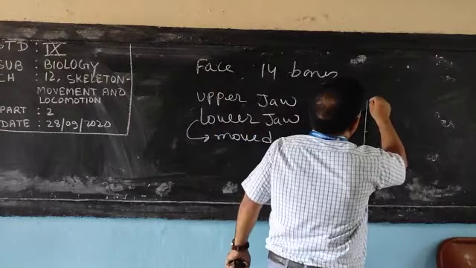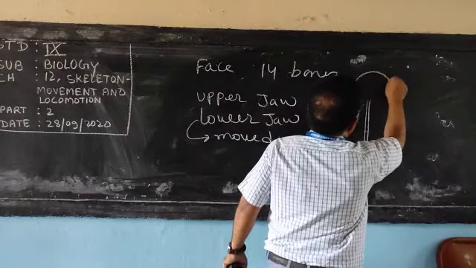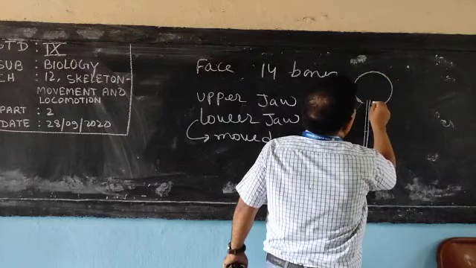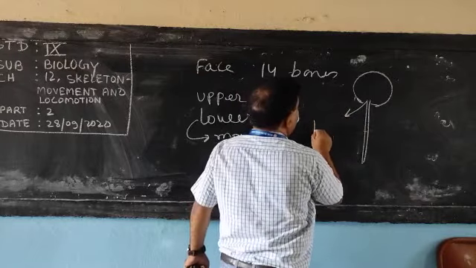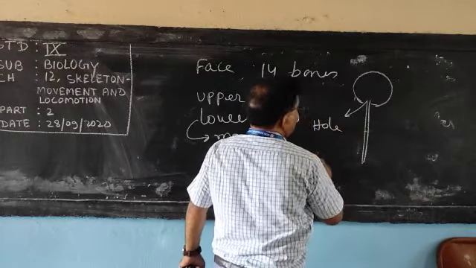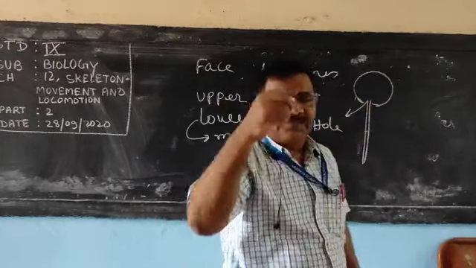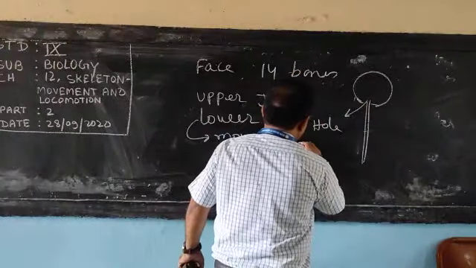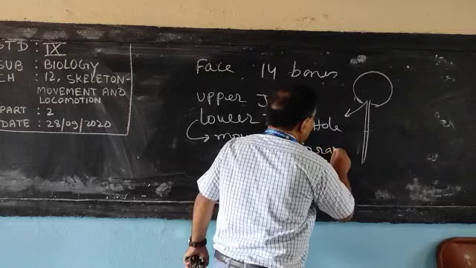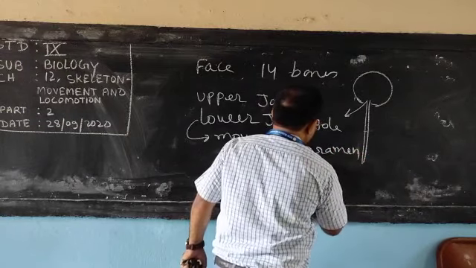This is the backbone and here is the head. This very important hole, by which the head is fixed, is called the foramen magnum.